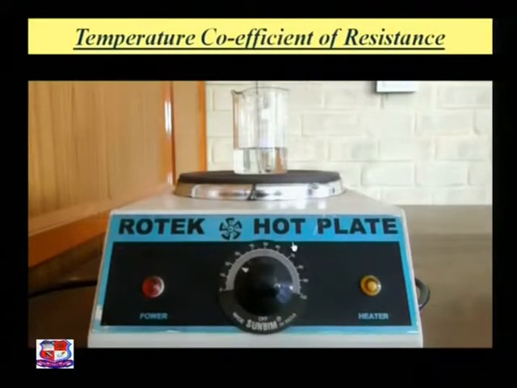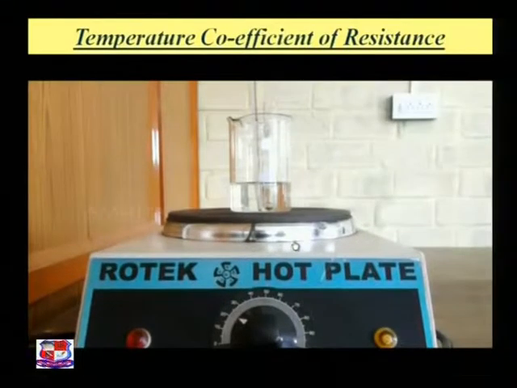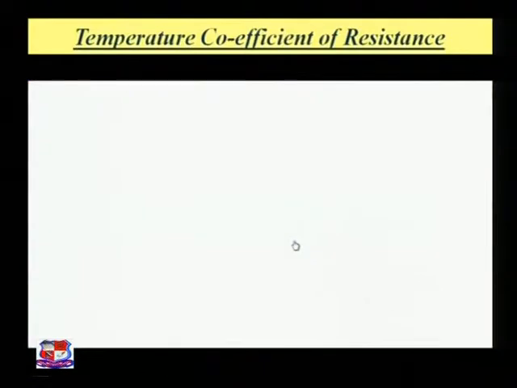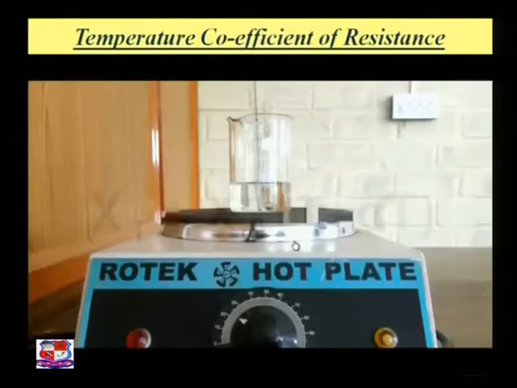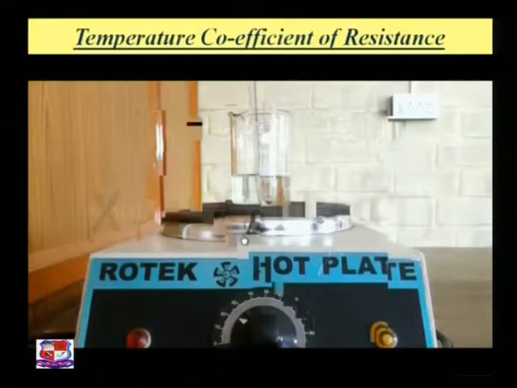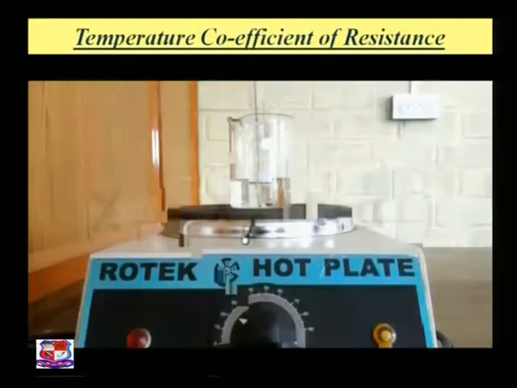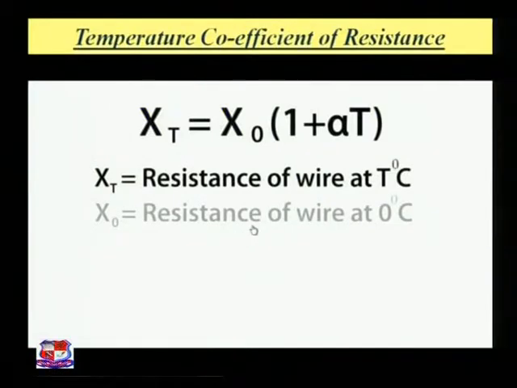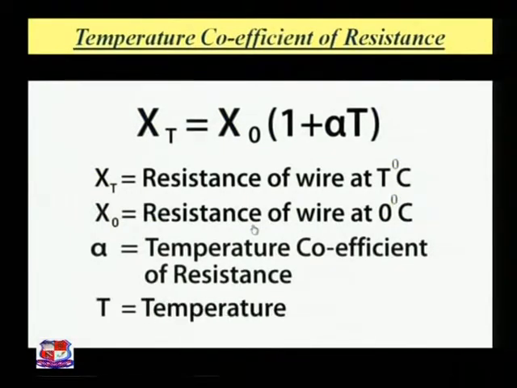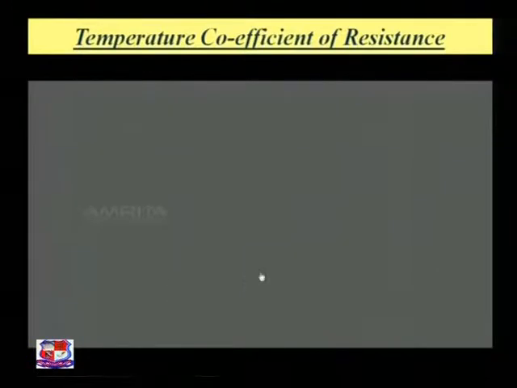We can easily find the temperature coefficient of resistance, positive temperature coefficient or NTC, the negative temperature coefficient, which gives us the equation Xt equals X0 into 1 plus alpha t, where Xt is the resistance of the wire at t degrees Celsius, X0 is the resistance of the wire at 0 degrees Celsius, alpha is the temperature coefficient, and t is the temperature.